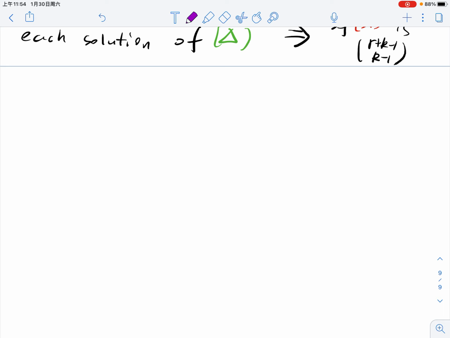Okay, in your textbook, you have a slightly different interpretation for the proof, but the idea is the same. They just put cuttings into positions and view the cutting the same way as a position. Therefore, you have r plus k minus 1 positions, and then choose k minus 1 cuttings.